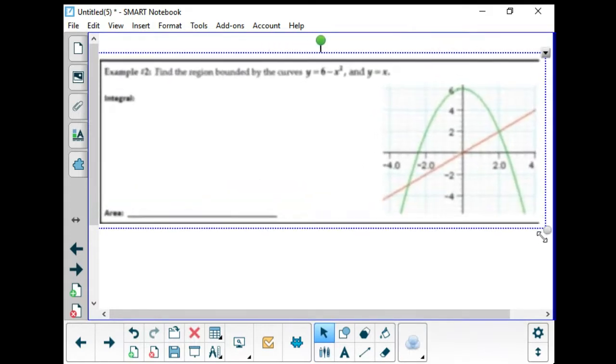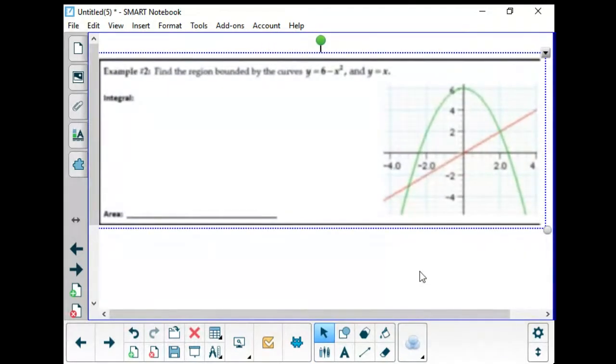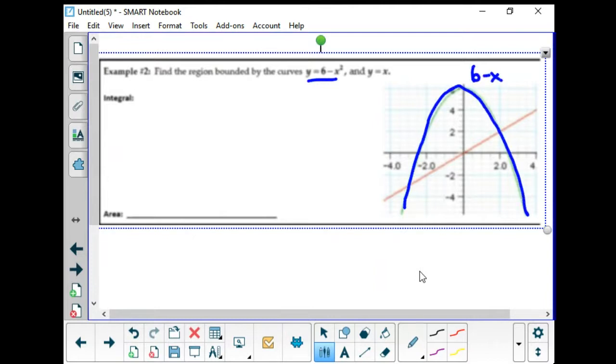Okay, problem type 2. Once again, we have the graphs given. The two function equations are different enough that hopefully we understand that the parabola 6 minus x squared is the top, and y equals x is the bottom.